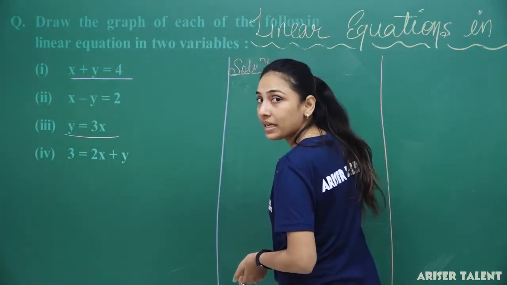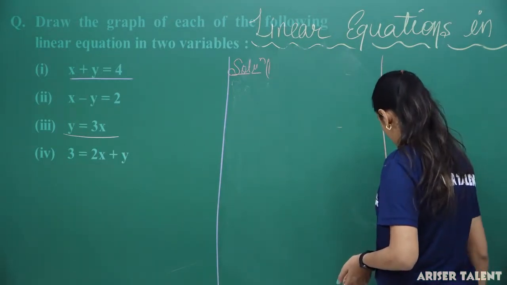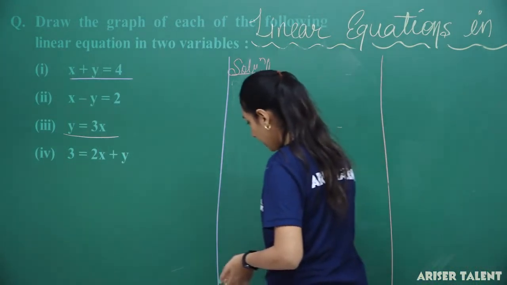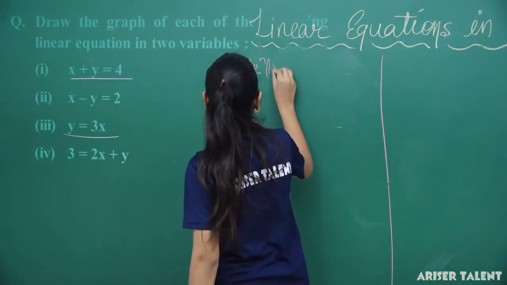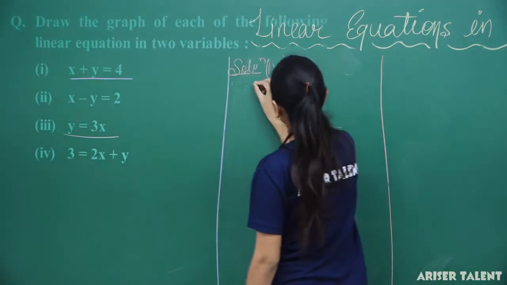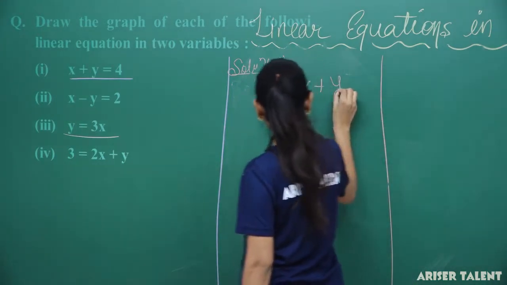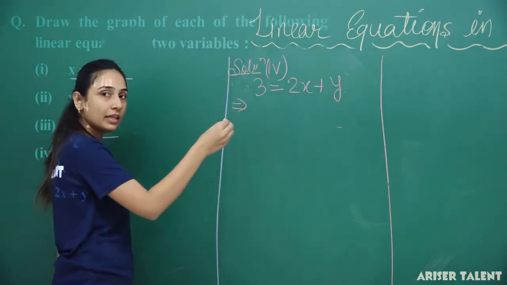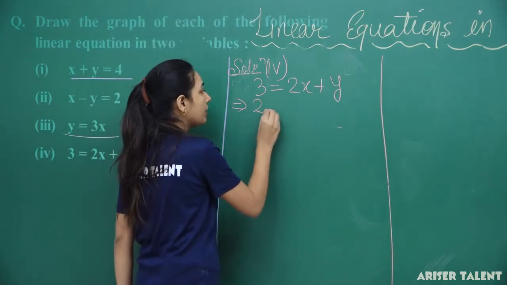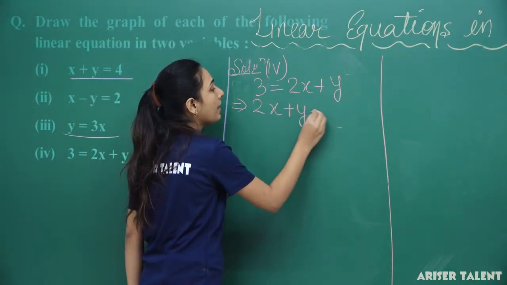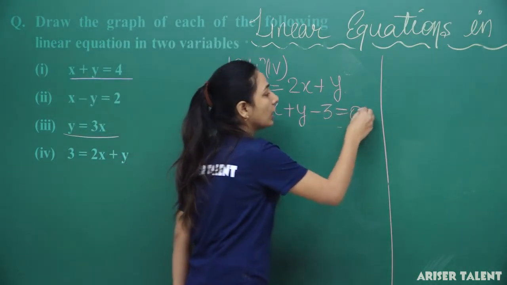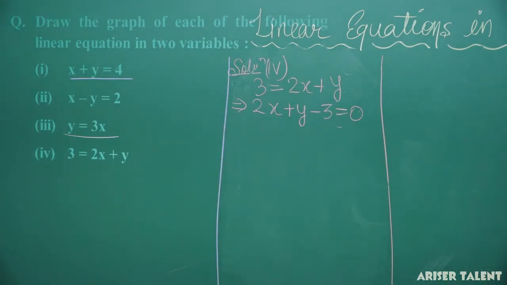Our standard format is ax plus by plus c equals to 0. Now you can change it in this way, and that is preferable. So that will be 2x plus y minus 3 equals to 0, right? This will be your equation.